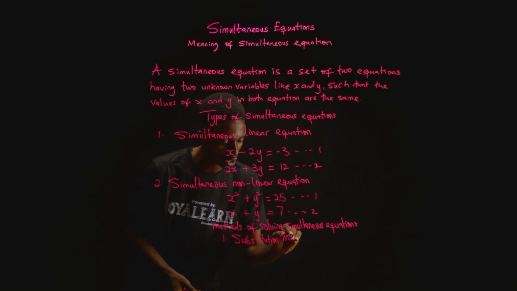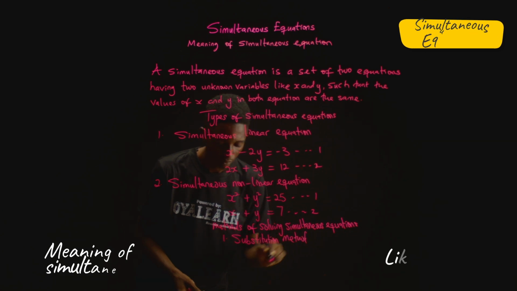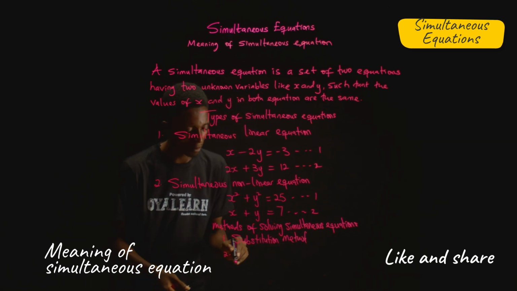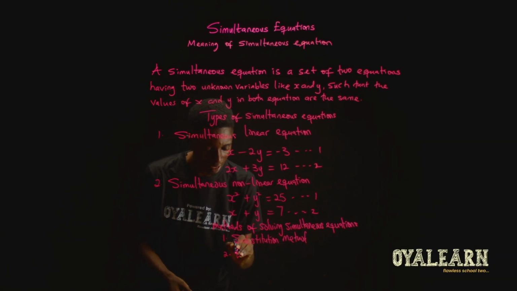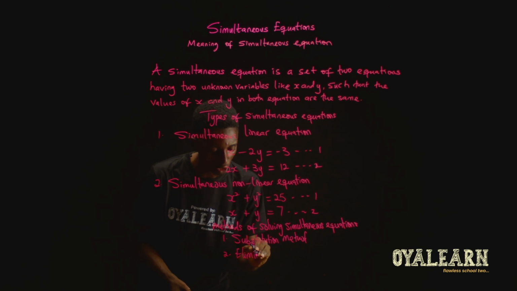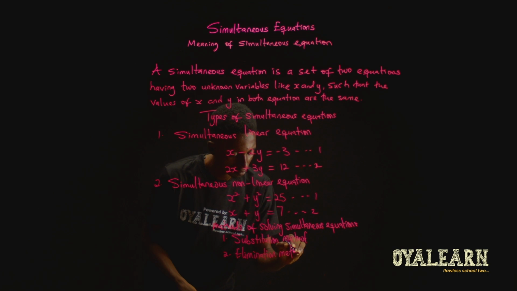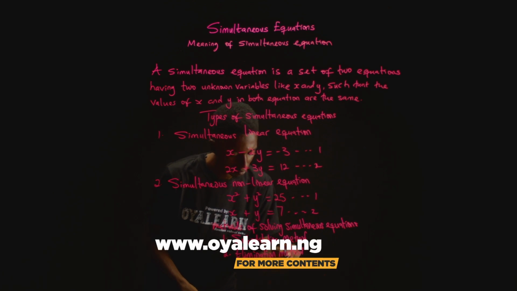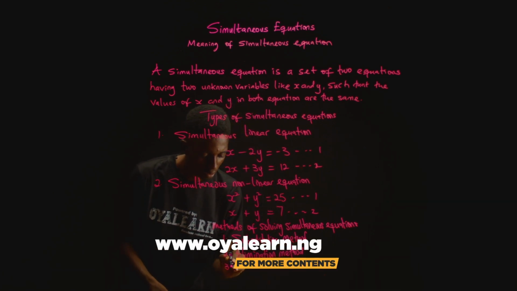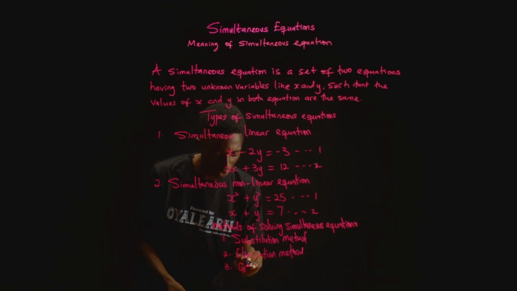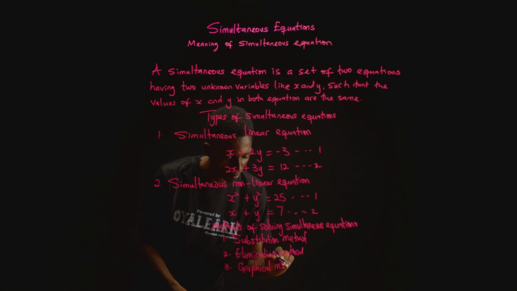Method 2 is known as the elimination method. And then method 3 is known as the graphical method.